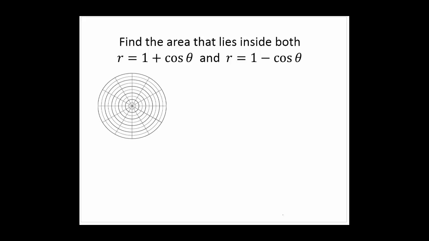Find the area that lies inside both r equals 1 plus cosine theta and r equals 1 minus sine theta.